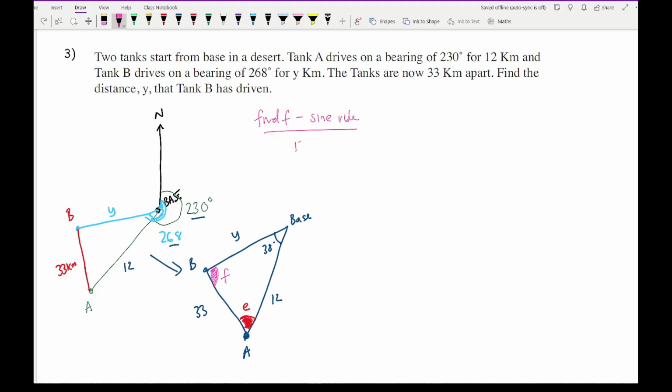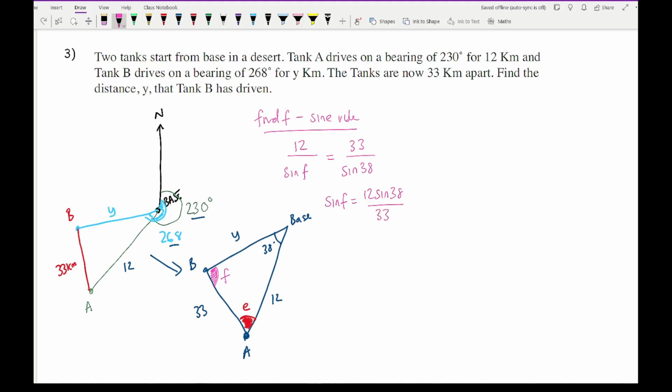I've got 12 over sine F equals, and the two opposite sides and angles I know, 33 over sine 38. So sine F equals 12 sine 38 divided by 33.